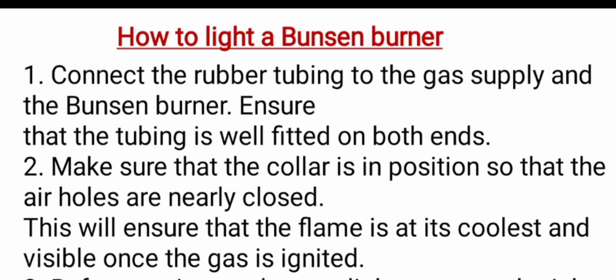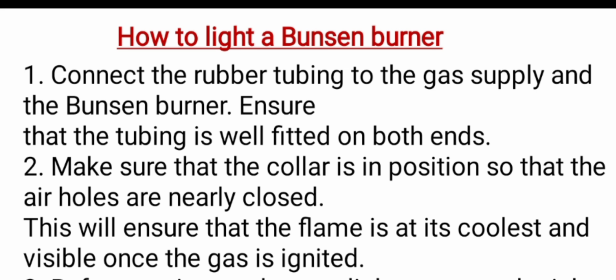Secondly, make sure that the collar is in position so that the air holes are nearly closed. For a start, this is what must happen. You have to ensure that the air holes are not widely open.